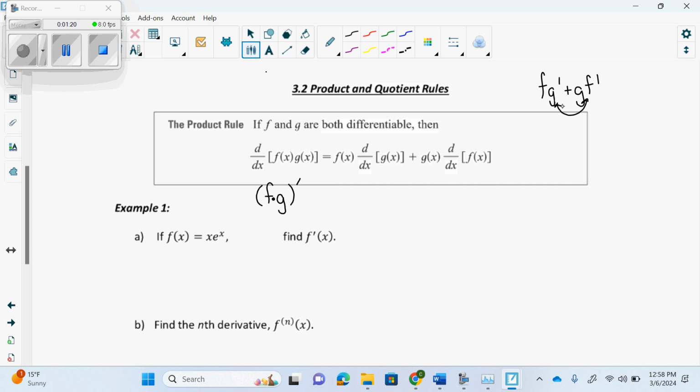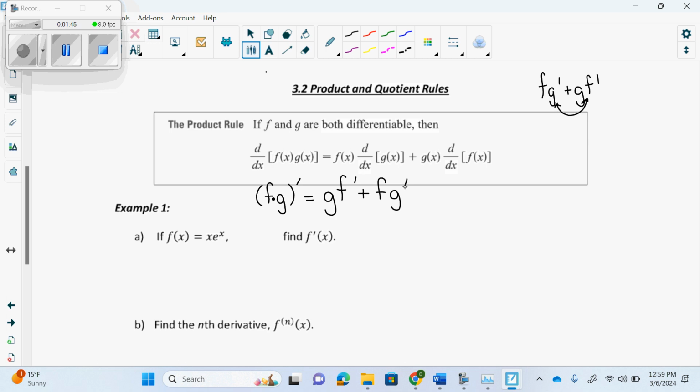The quotient rule is g f prime minus f g prime over g squared. So it's just a minus sign over g squared, and you're not memorizing two formulas, because addition says I can flip-flop these into the exact same thing, right?